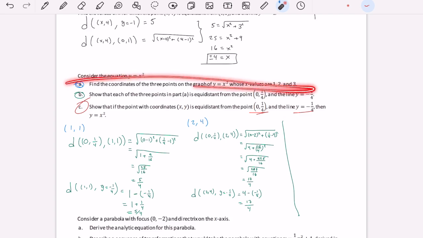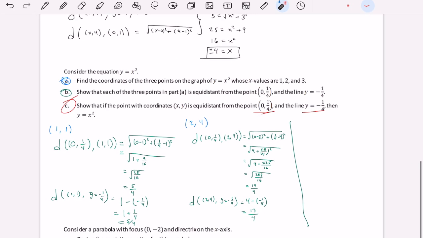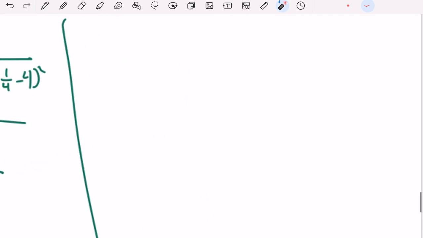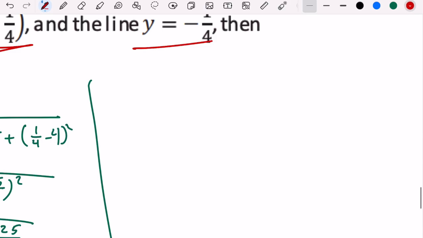It is taking some points of this parabola, and if this is the focus and this is the directrix, then it should be the same, no? The equation that I should get in this problem should be y equals x squared. So what we are concluding from this beautiful problem is that y equals x squared is a parabola with focus 0, 1/4 and directrix y equals negative 1/4. Okay, so we're gonna do it.